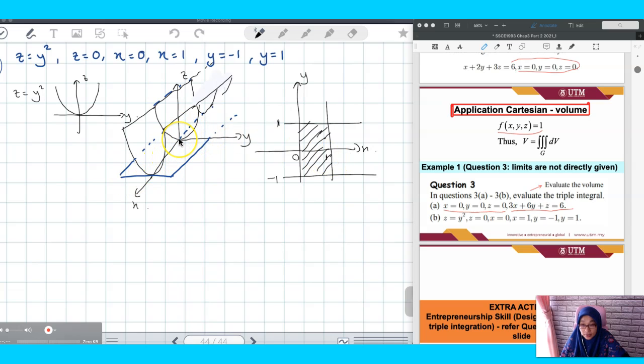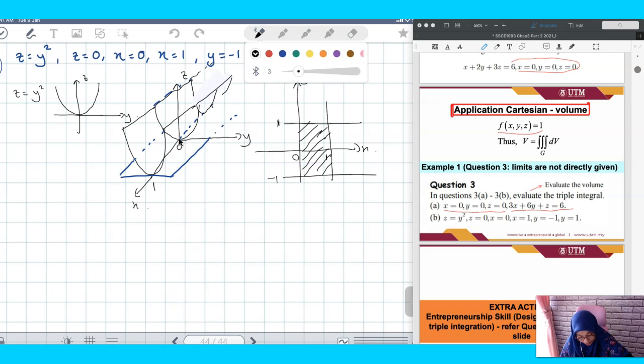So let's say this one is supposed to be 0 and this one is 1, so we don't need to extend the length of the surface, which looks like a drain. Okay, so we don't need to expand. Just stop at x equal to 0.